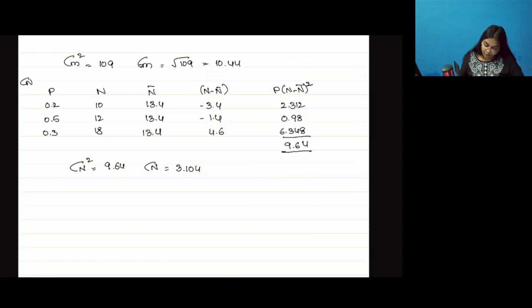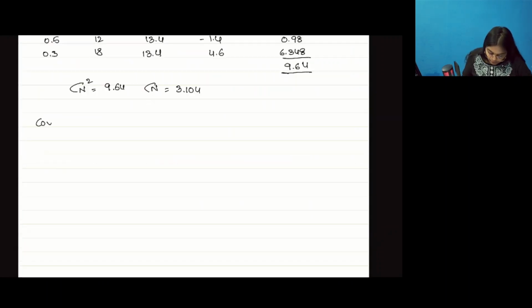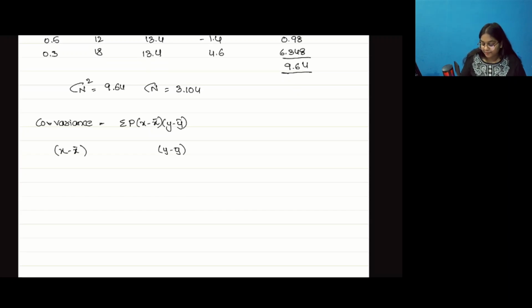Covariance. To calculate covariance, what is the covariance formula? When future data is given, summation p into (x minus x bar) into (y minus y bar). So now we'll take the data: x minus x bar, y minus y bar, p into (x minus x bar) into (y minus y bar).